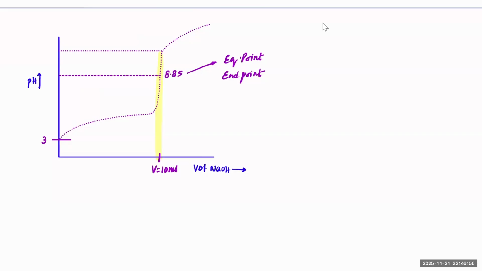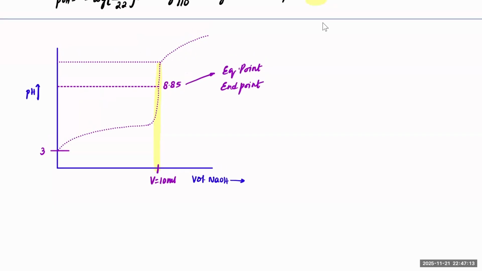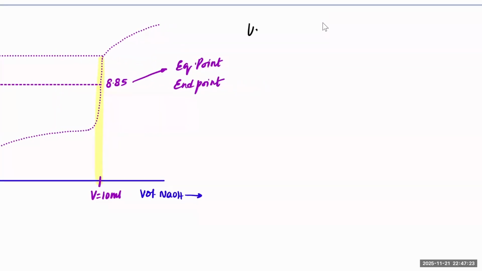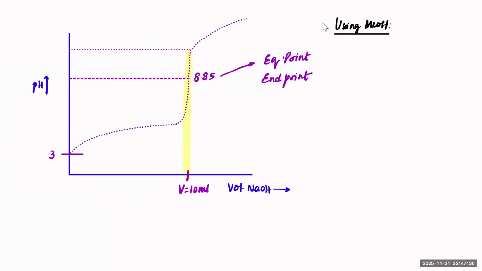Finished, everyone? Right. Now notice, what is the best suitable indicator here? See, suppose I'm using methyl orange, okay, what would happen?